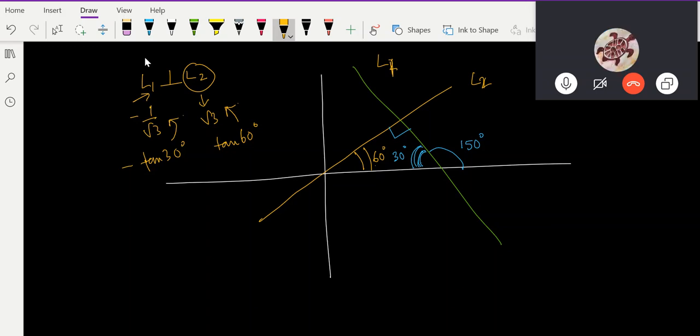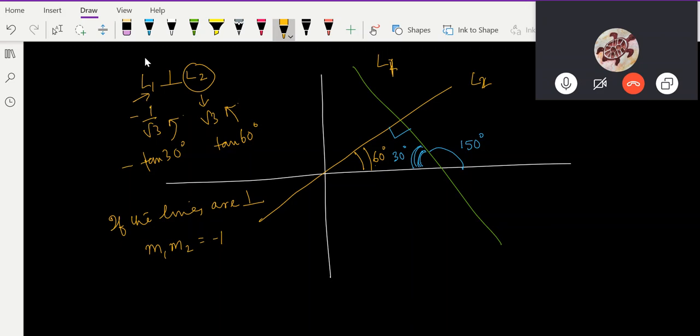So, that means if the lines are perpendicular, the product of the slopes m1, m2 is minus 1. If the lines are perpendicular, then the product of their slopes is minus 1, right?